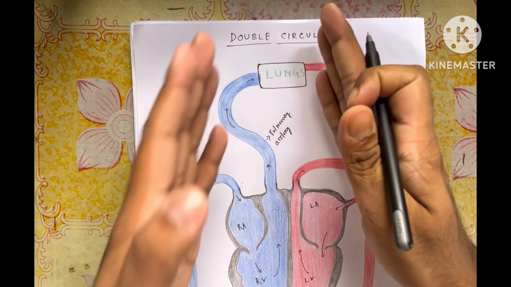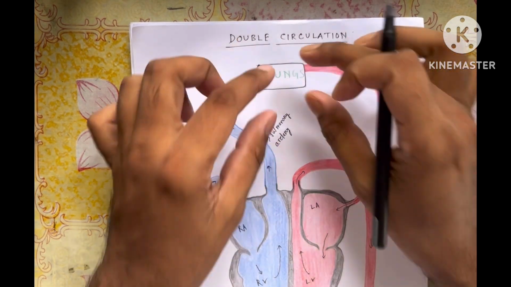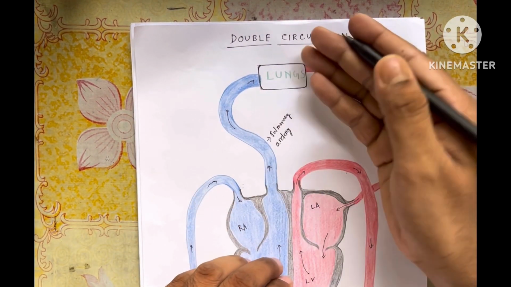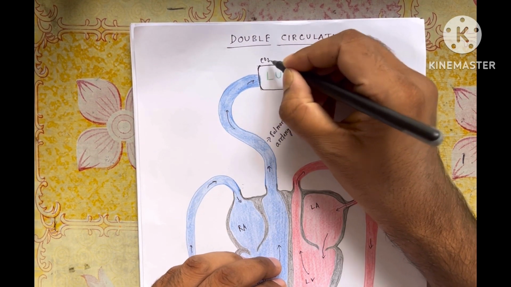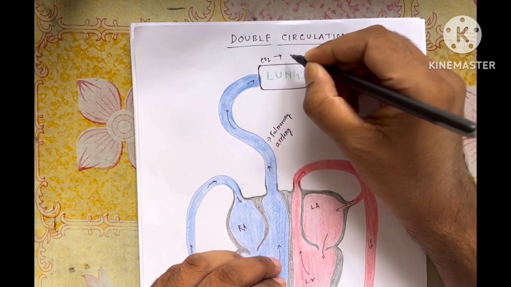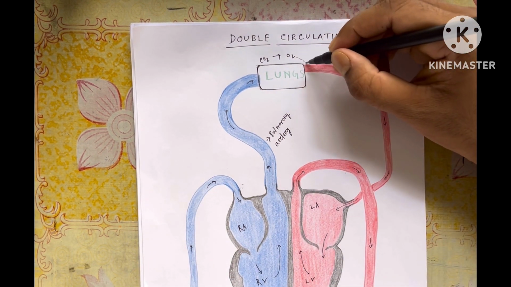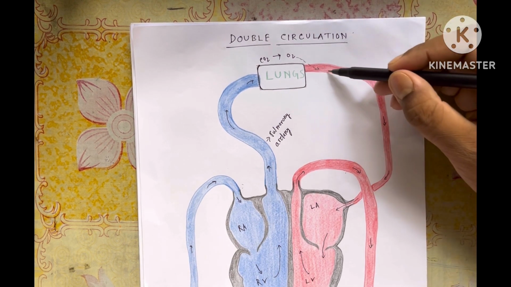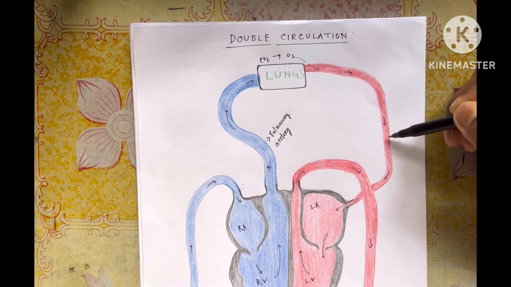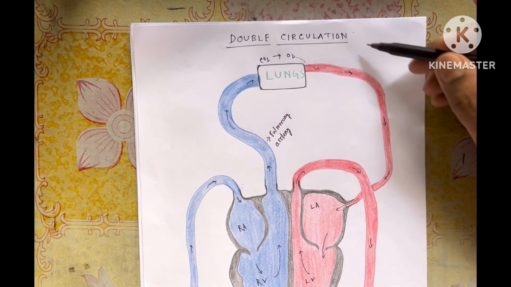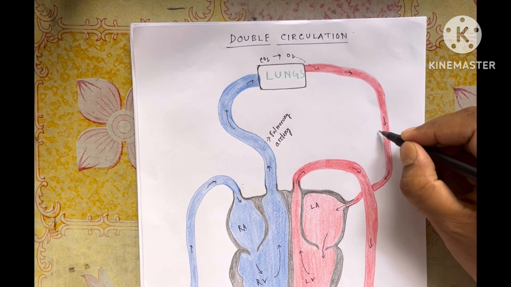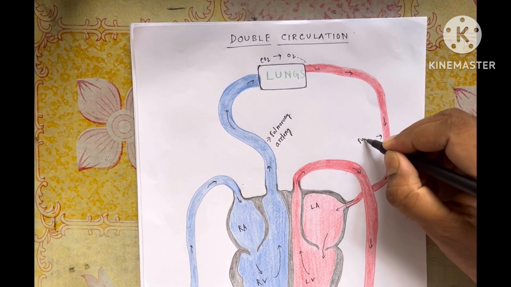There are 2 lungs, but for the understanding purpose, I have drawn only one. Inside the lungs, the carbon dioxide containing blood is converted to oxygenated blood. Then that oxygenated blood is transported again to our left atrium through the pulmonary vein.